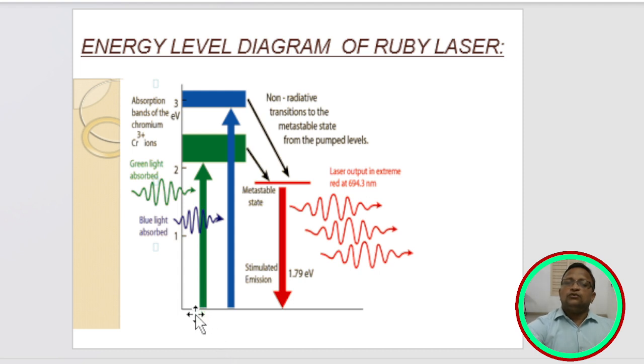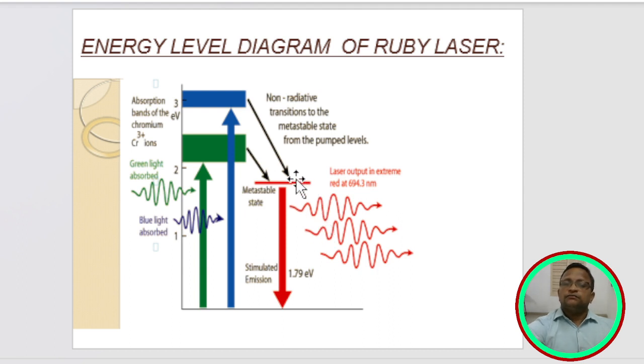If we give energy to the lower-level atoms, they will reach the higher energy level. The chromium ions reach the third energy level, and from there the excited atoms come to the metastable state by non-radiative decay transitions.